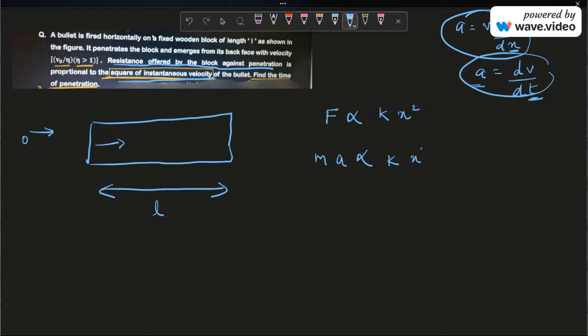K into x square. Now find the time of penetration. So we have to find out time. Let us first use dv by dt and see if it works. M into dv by dt is directly proportional to kx square.